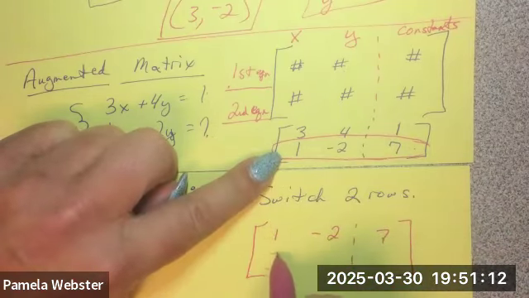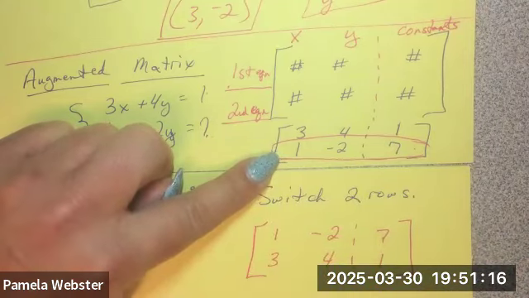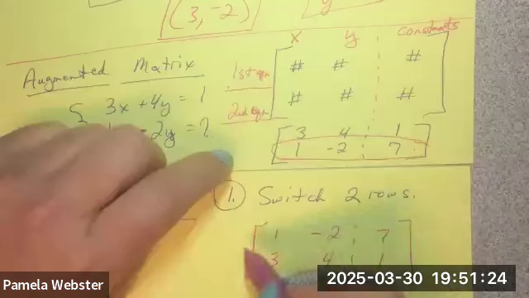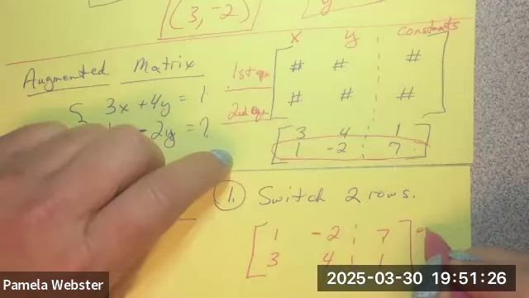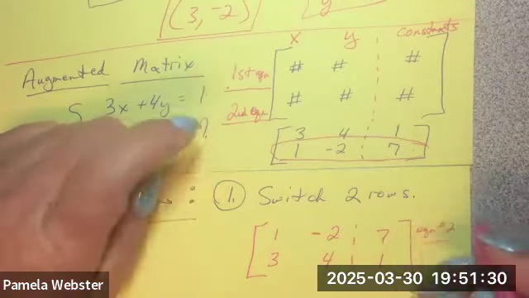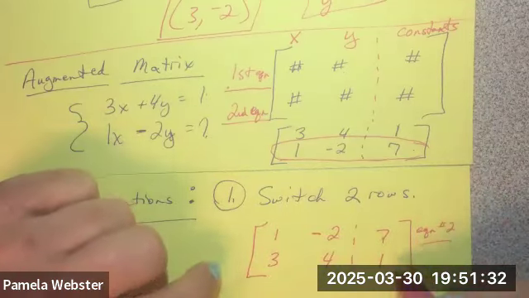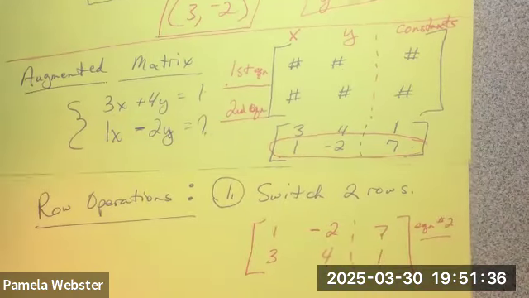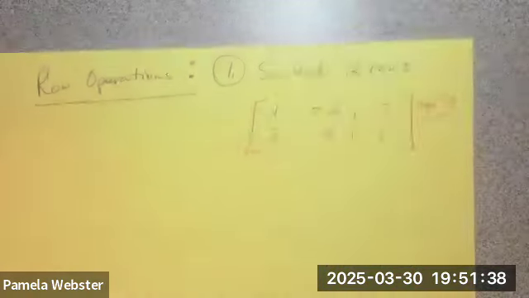And on the bottom, I could write 3, 4, and 1. I can't change the values. When I'm switching rows, I just swap the rows. But I can change the order of the equations. Now, this was my original equation number 2, right? Now it's on top. That's okay. They just swap the rows. So that's one allowable row operation.